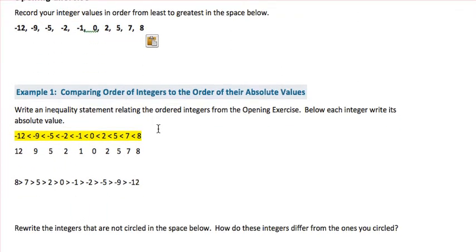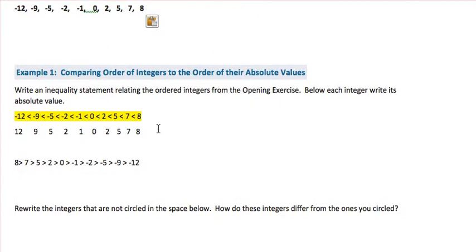Then we're asked to write an inequality statement relating the ordered integers from the opening exercise. And as you can see, from least to greatest, we would be using a less than sign in between each pair of numbers. And I also showed it a second way by ordering them from greatest to least, and when you order them greatest to least, you put a greater than sign in between them.